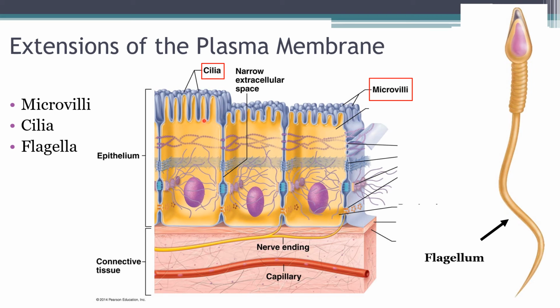So some can move, some can't. So you have motile or non-motile cilia. Non-motile cilia are often called stereocilia. They contain non-motile cytoskeleton, and so they don't move. And their function is really the same as the microvilli. They increase the surface area to allow the faster transport of things into and out of the cell.